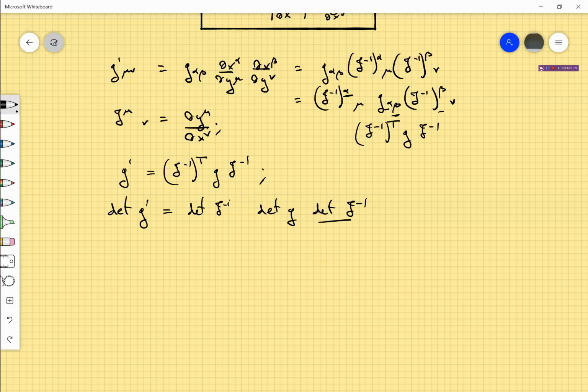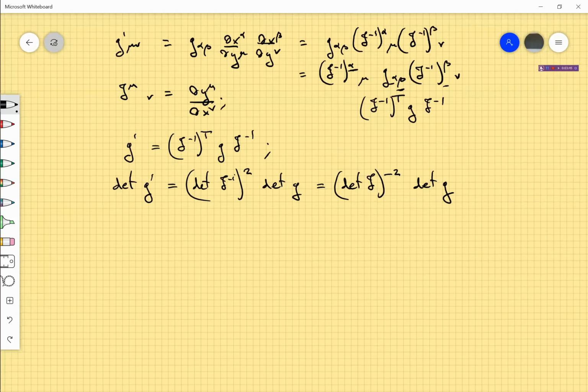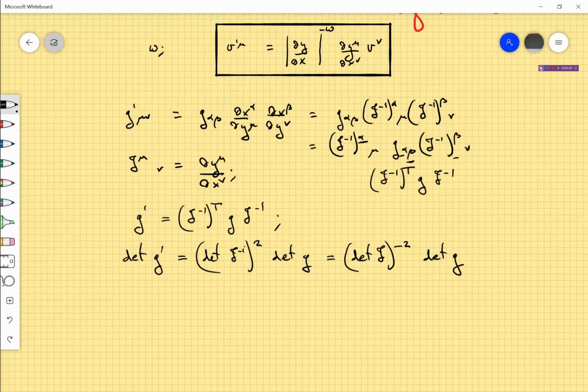I have two factors, so I get this squared, and the determinant of J minus 1 is the inverse of the determinant of J. So this is determinant of J to the minus 2 times determinant of g. Now I compare with the general expression, and then I identify this 2 as the weight.